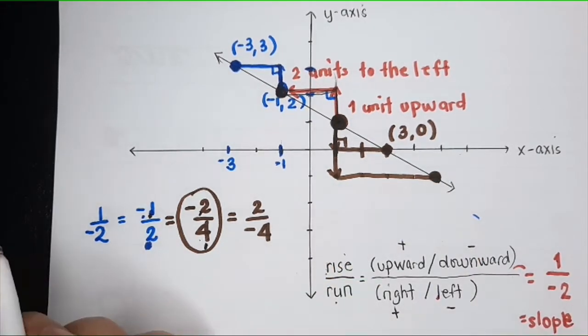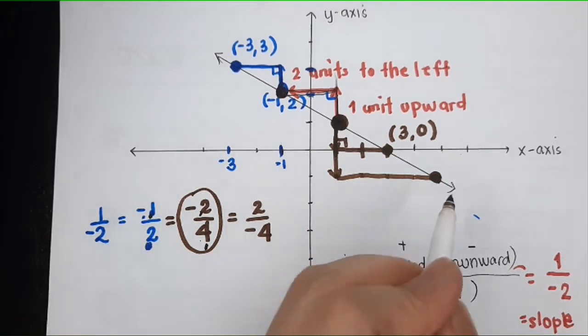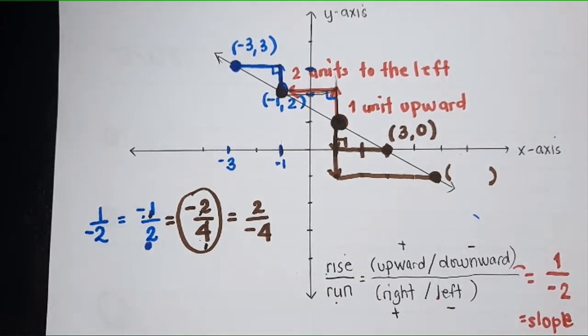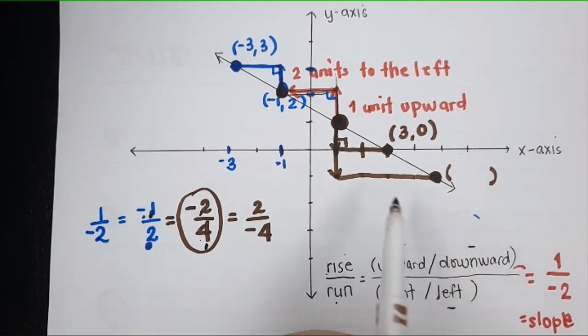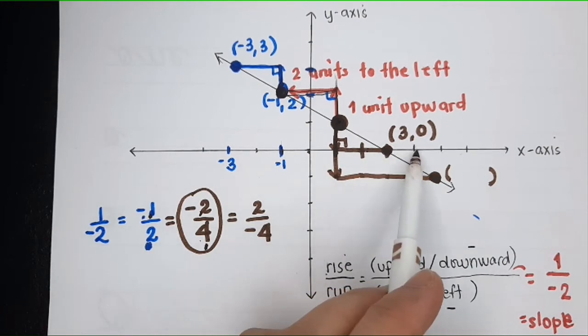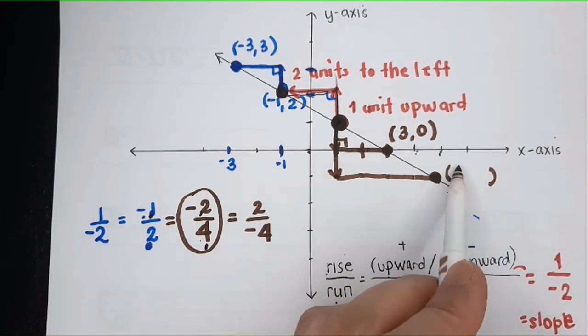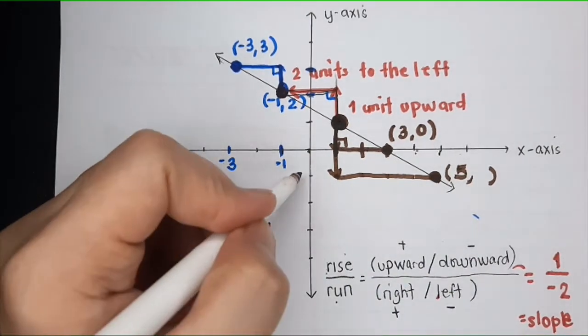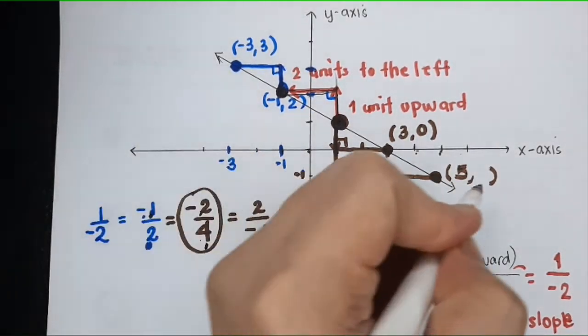You'll end up here. Okay? Sige nga, what are the coordinates of this point? Okay, ano muna yung x coordinate? Ito yung 0. 1, 2, 3, 4, 5. So you have 5. What about the y coordinate? Ito ay negative 1.